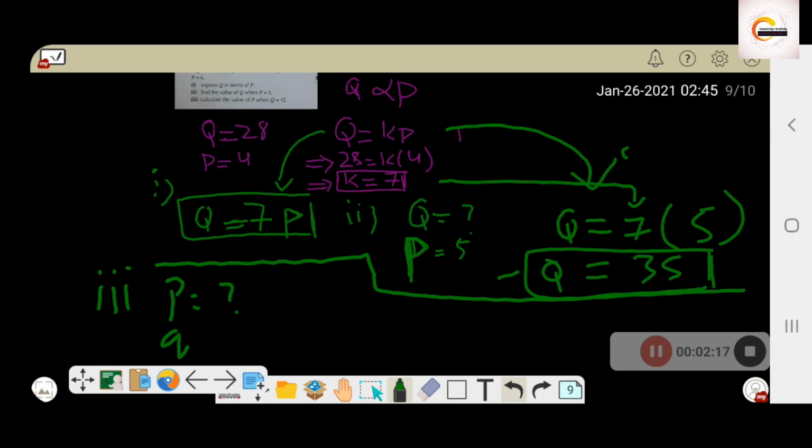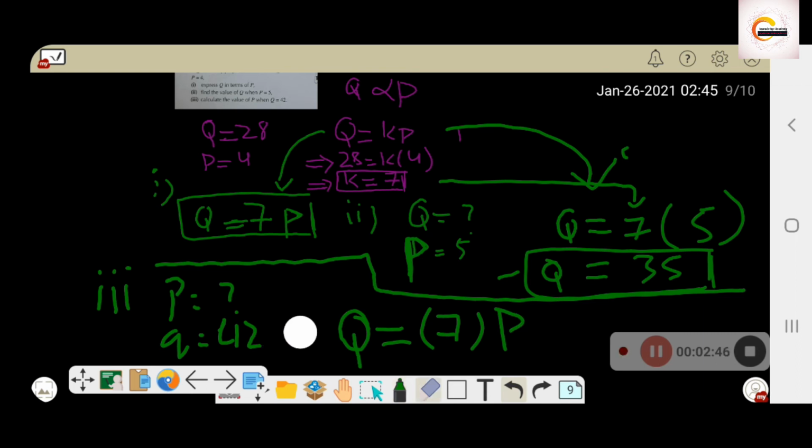Find the value of P when Q is equal to 42. Again, very simple. From the formula that we already have, Q is equal to the value of K, which is 7, and P is the unknown value that we have to find out.